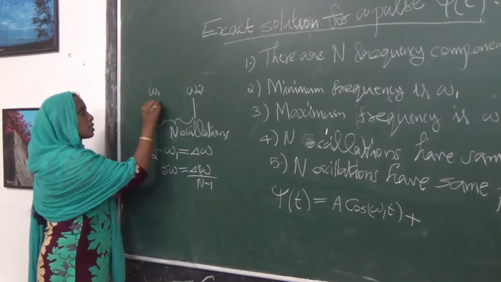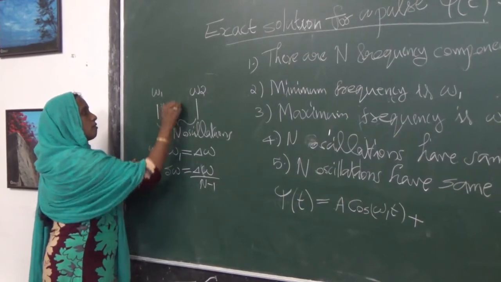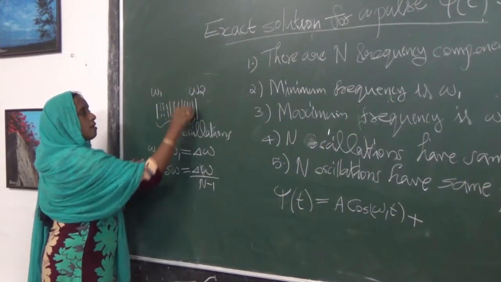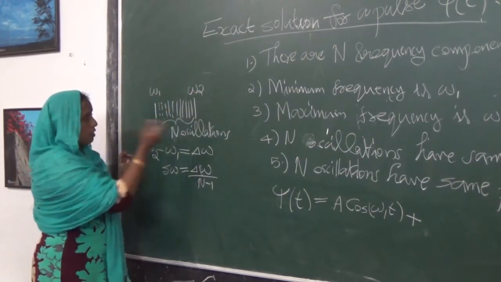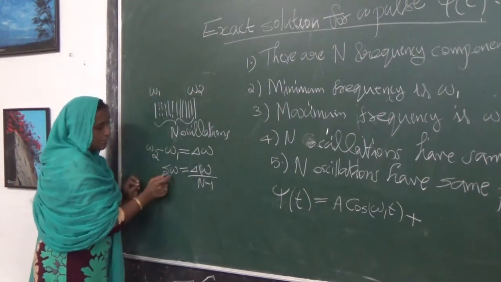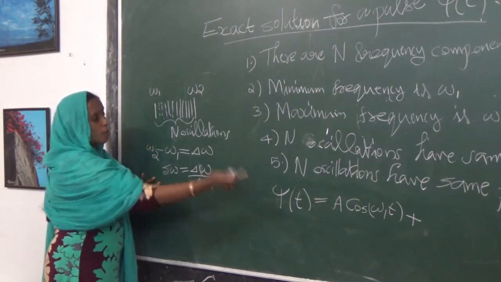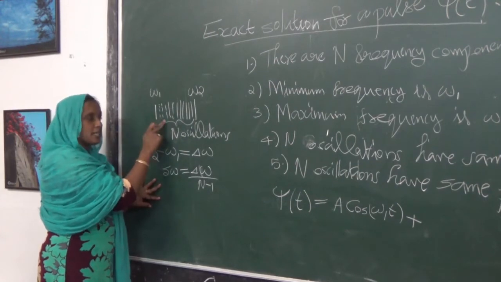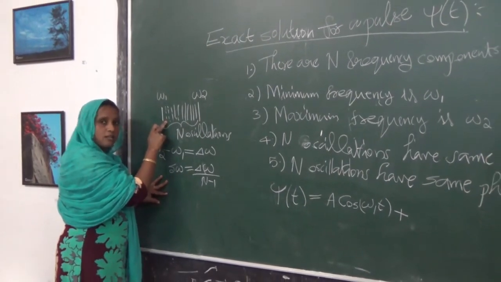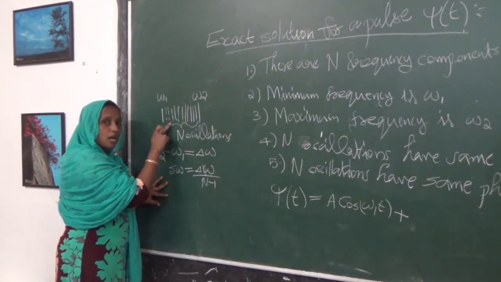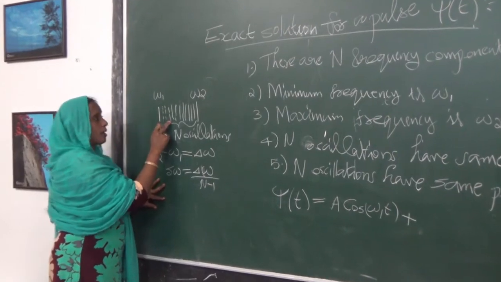That is this small interval. You can classify the frequencies between omega 1 and omega 2 into small delta omegas. So the first component is omega 1, the next component is omega 1 plus delta omega, the next is omega 1 plus 2 delta omega, next 3 delta omega.